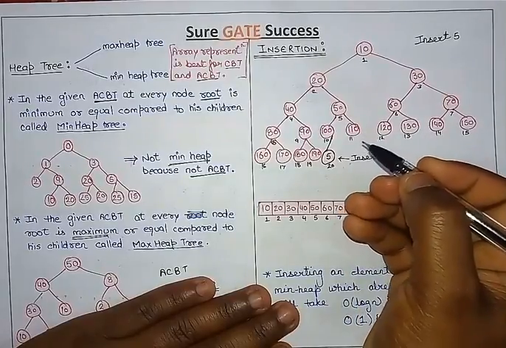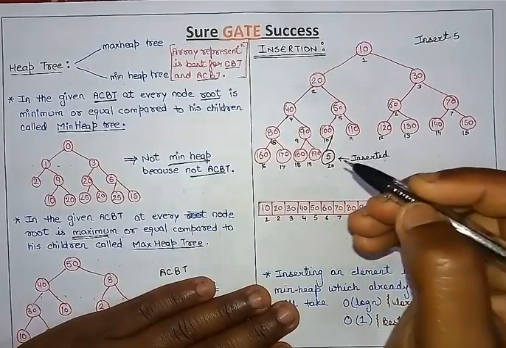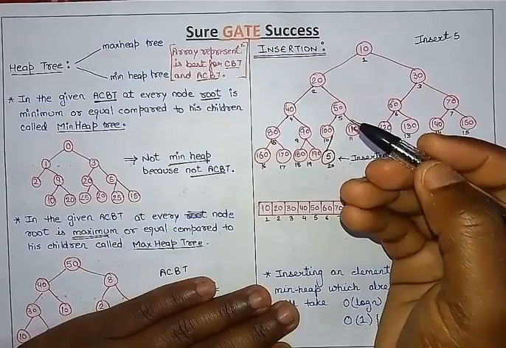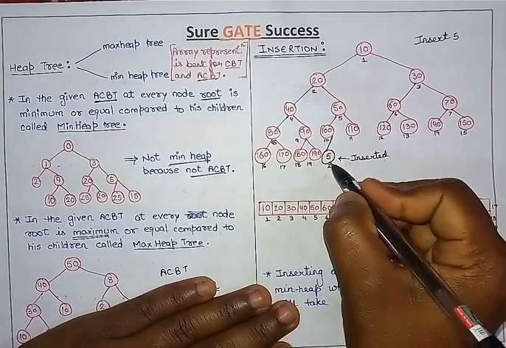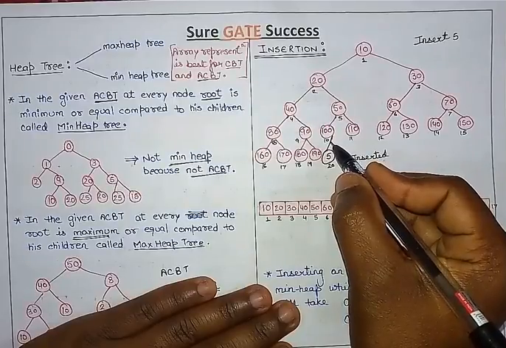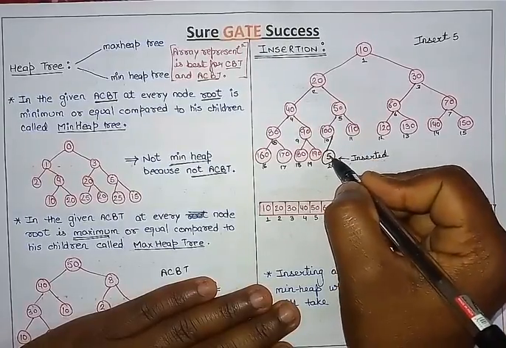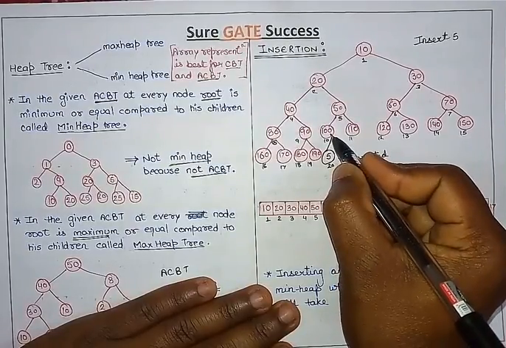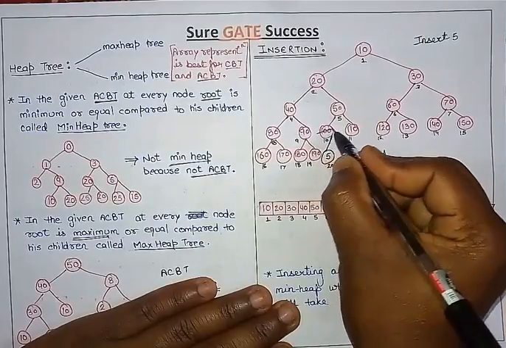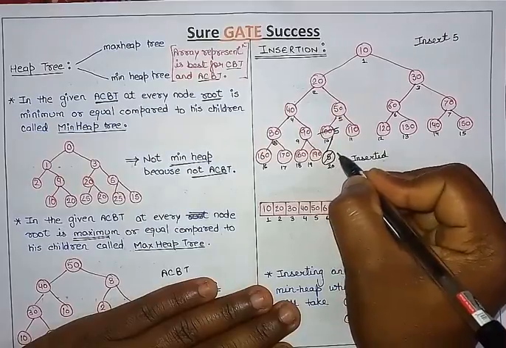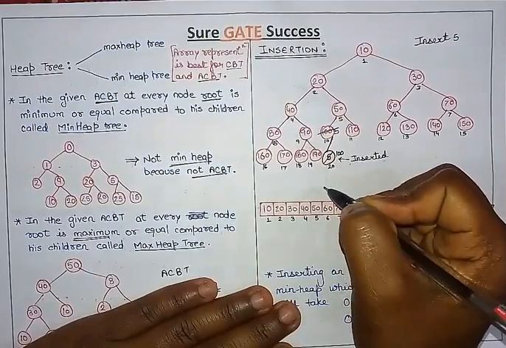We have to arrange such that the minimum node is on the upper level. For example, 5 is here and 100 is here. Because 5 is smaller than 100, 5 has to be above. That means 5 has to be here and 100 has to be here.